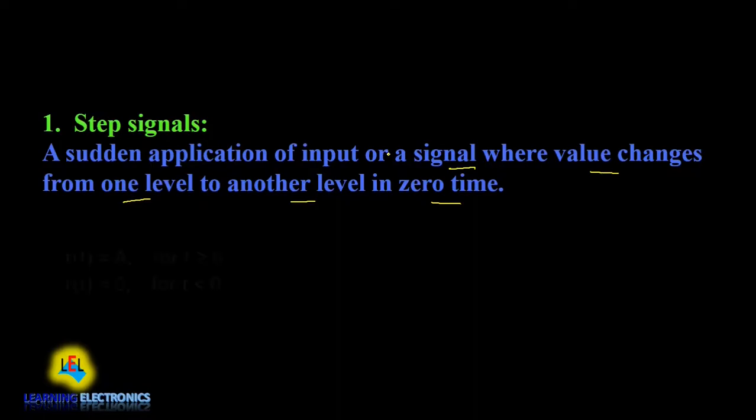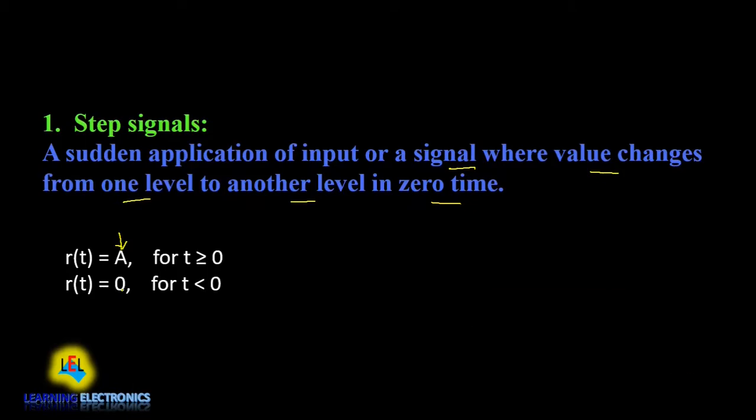So mathematically it is represented like this: r(t) is equal to A, where A represents the magnitude or the amplitude of the step signal, for time t greater than or equal to 0. That means this step signal will be equal to A for all the time values which are greater than or equal to 0, and for time values smaller than 0, r(t) will be equal to 0.